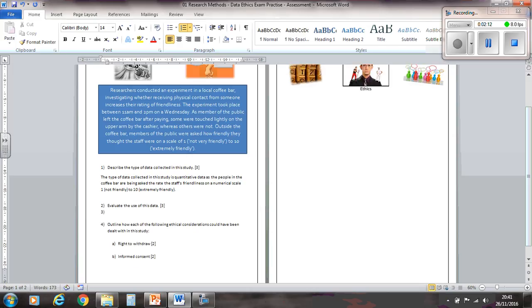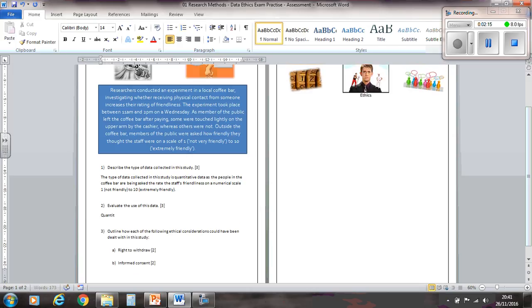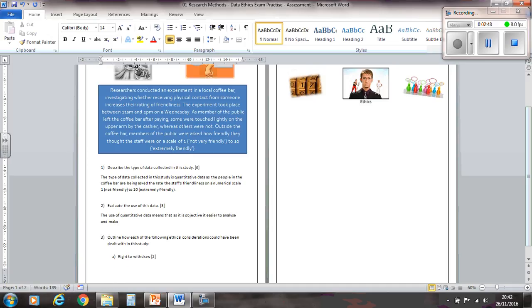It says evaluate the use of this data. So again, recycle the question. The use of quantitative data means that you can, if you think about quantitative data, the reason why it's good is because as it is objective, it is easier to analyse and make comparisons.